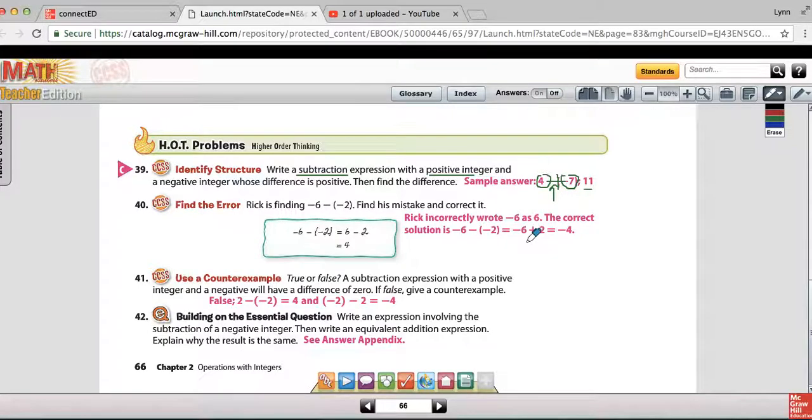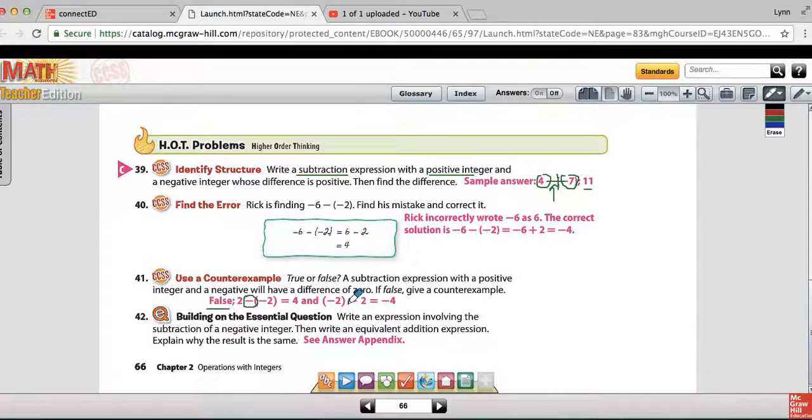The next one we're going to look at is page 66, problem number 41. It says, true or false, a subtraction expression with a positive integer and a negative will have a difference of 0. If false, give a counterexample. Well, that's false because we have a subtraction expression, which means it's a subtraction problem.